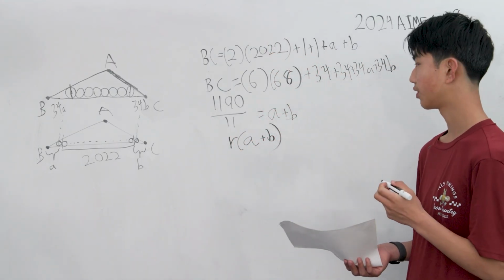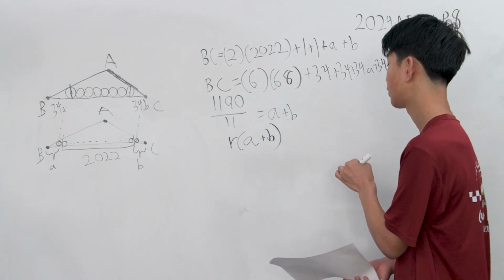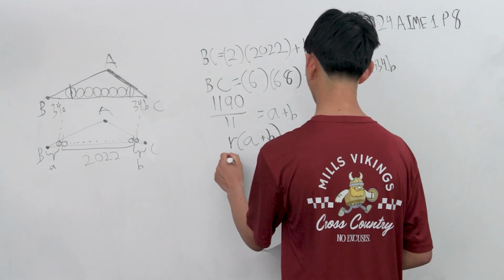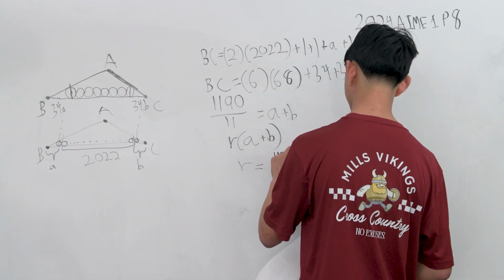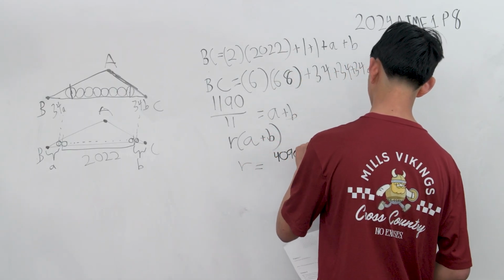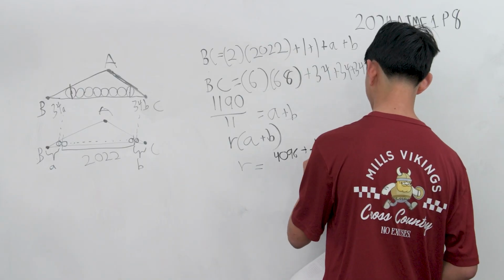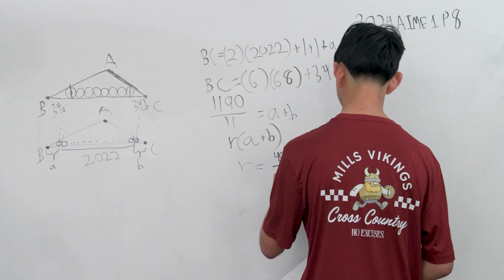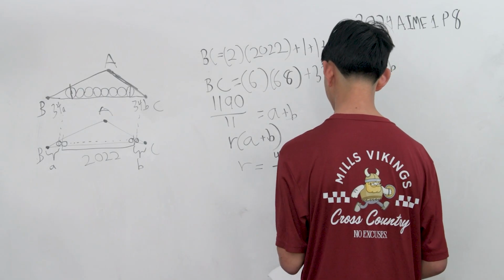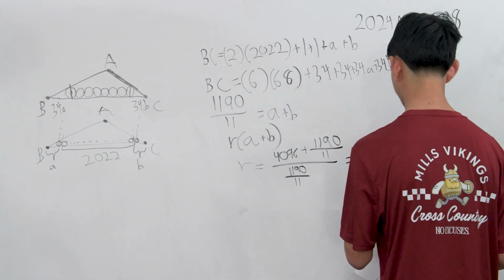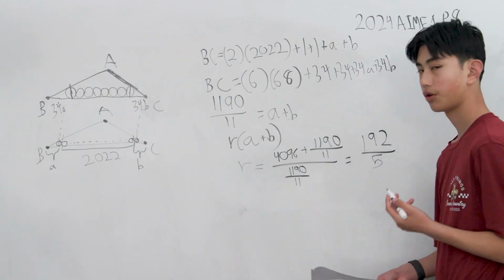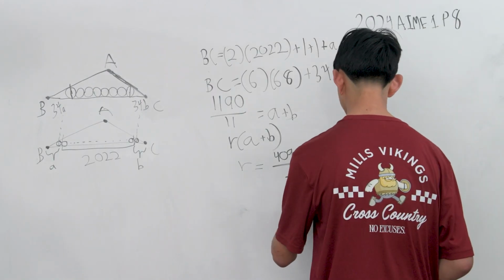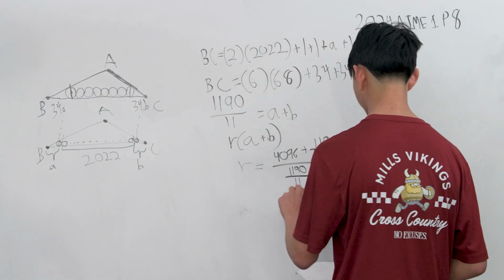Therefore, if we solve by dividing both sides by a plus b, we get that r is equal to 4096 plus 1190 over 11, over 1190 over 11. Therefore, eventually giving us 192 over 5. So 192 plus 5 is 197, which is our answer for this problem.